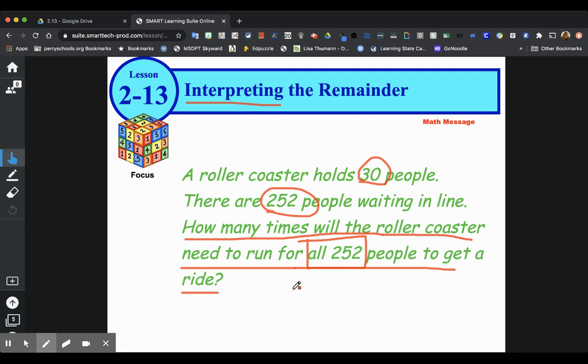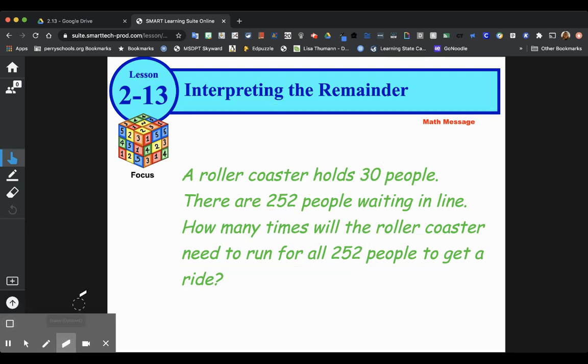And if I'm thinking about a roller coaster, I know that if I want all 252 and there's a leftover, that means those people didn't get on any of the full roller coasters. So they need to be able to ride. And I can't just have half of my roller coaster going through one time. So for this one, if I have a remainder, I'm probably going to need to round my answer up in the end.